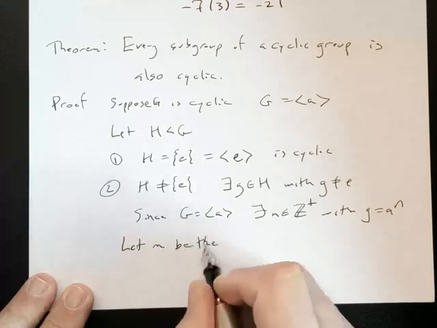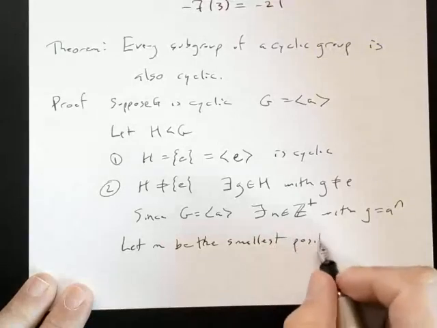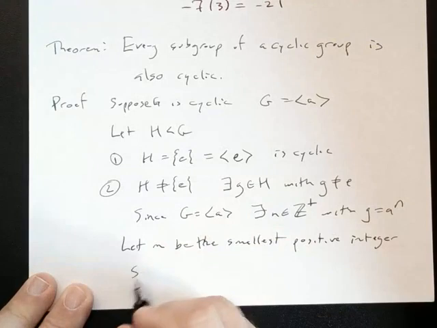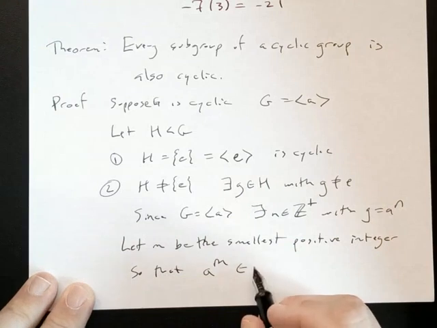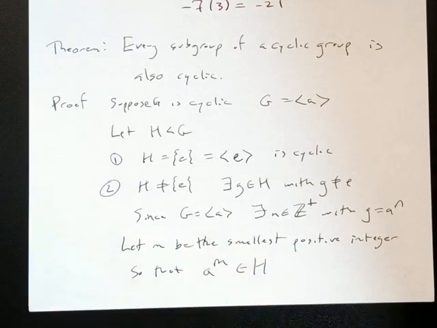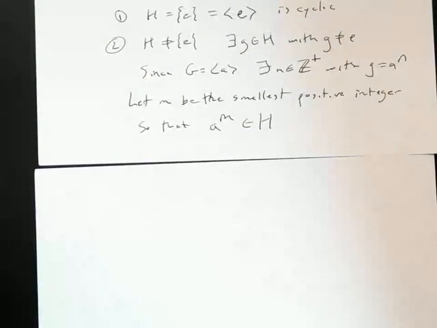Let m be the smallest positive integer so that a to the m is an element of the subgroup H. Now, if that's the smallest possible positive number, I claim that every other a to the whatever that appears in this H has to be a multiple of that.